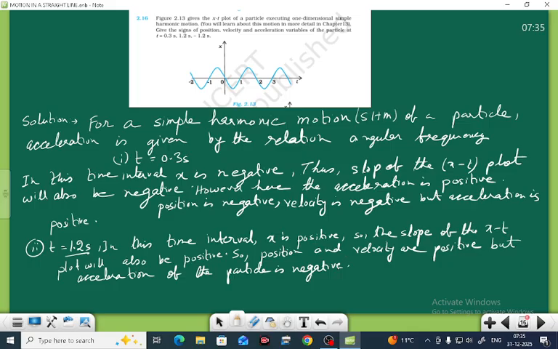Right? Now I go to the third case, at time t equal to minus 1.2 second. So we'll find what will happen in case 3.